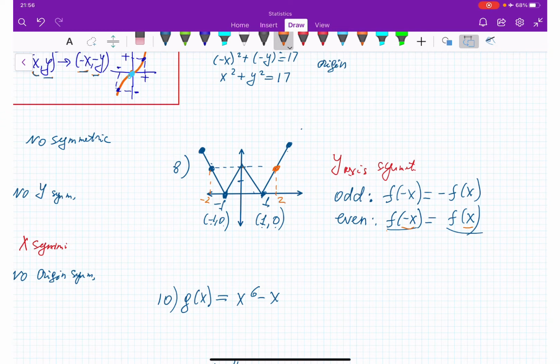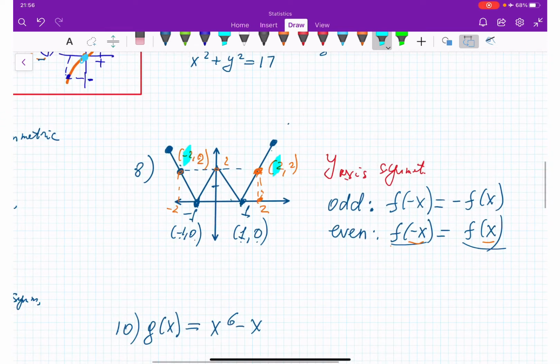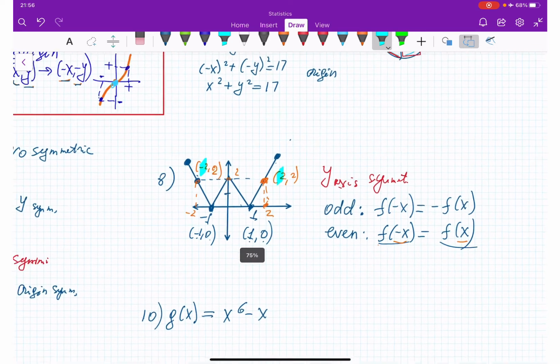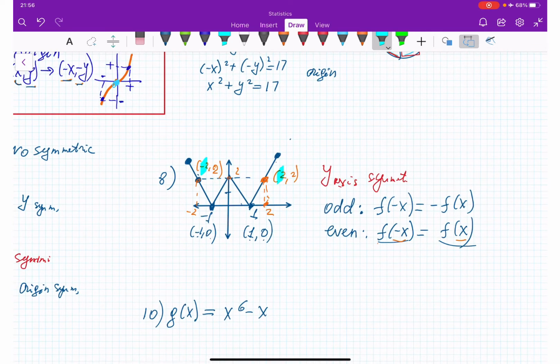You get negative 2, 2, and positive 2, 2. So pay attention, x is negative, x is positive, but the y is the same. Okay, that's what we say. So one more time, when the graph is symmetric to the y-axis, then the graph is even.